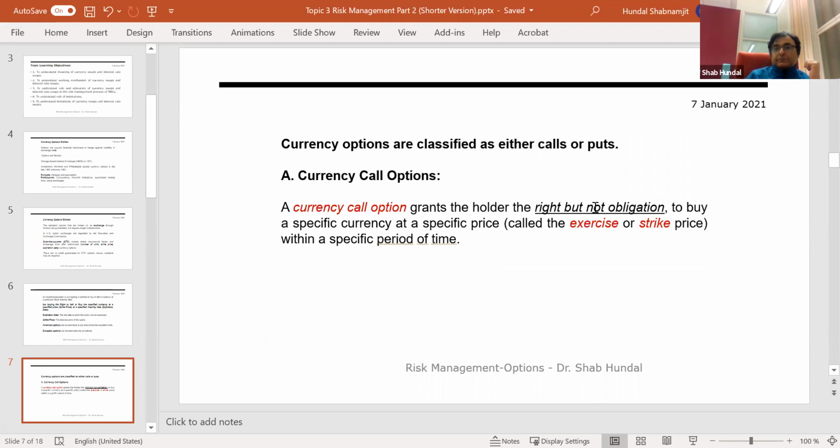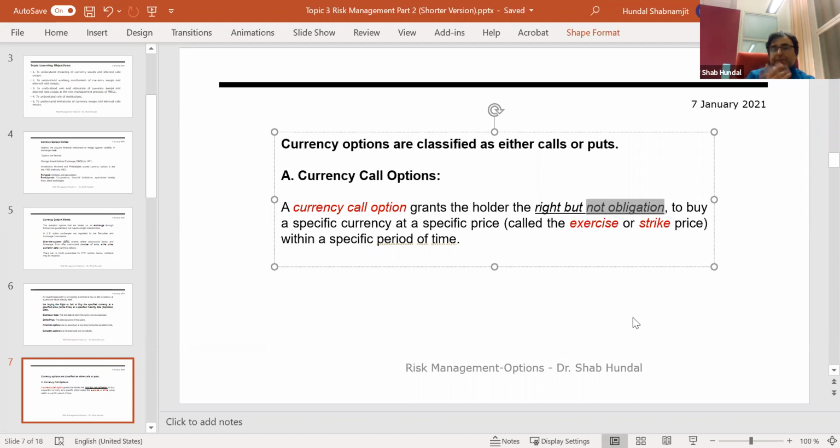But you know what? You don't have any obligation to exercise the call option. You can just forget it. So if the business proposition does not work in your favor, you are not compelled to exercise the option.